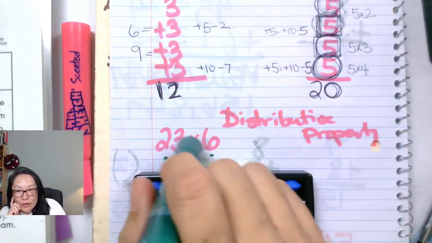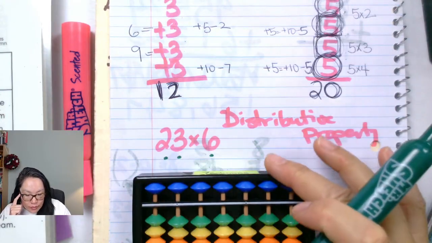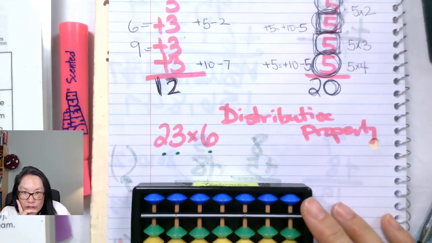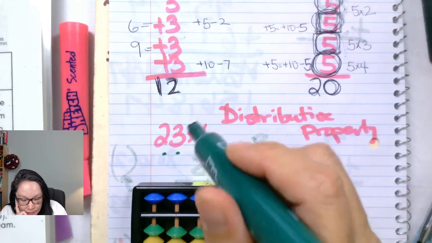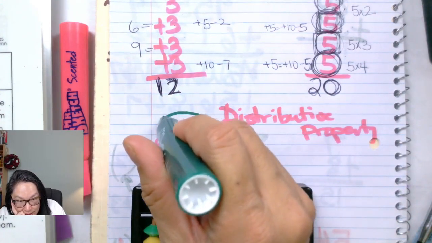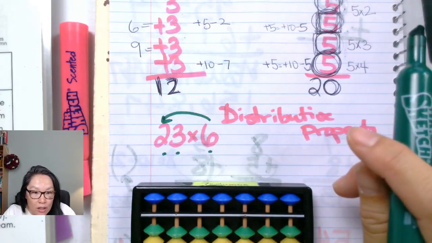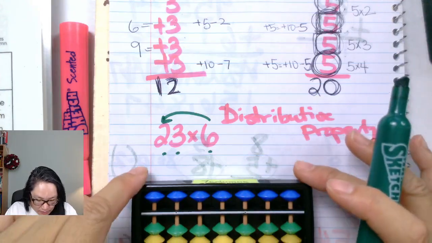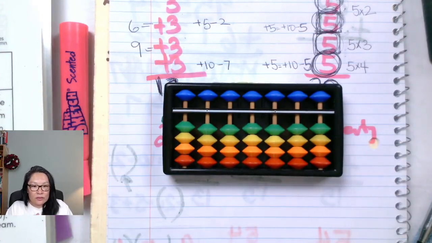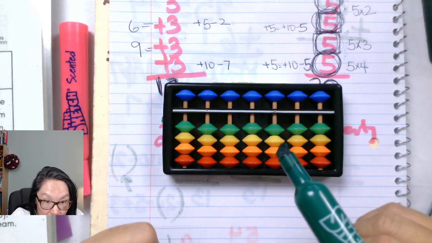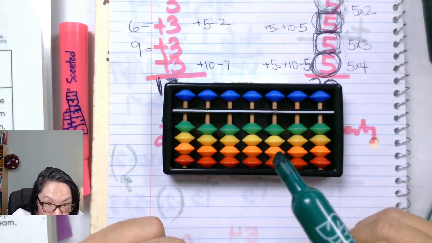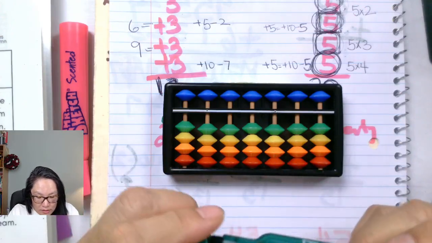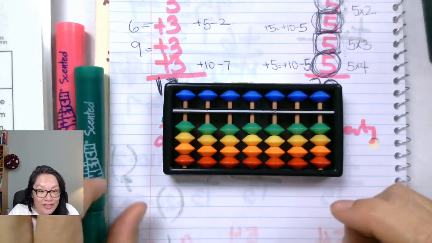But what we're going to do is we're going to do distributive property. So here's a question. Here, 6 times 2. What are the numbers on the abacus? This is 0. So that's 0. Hey, Audrey. Okay, you're still here.